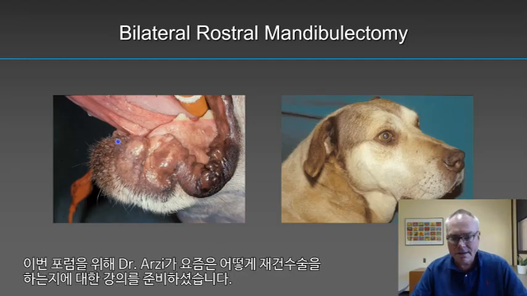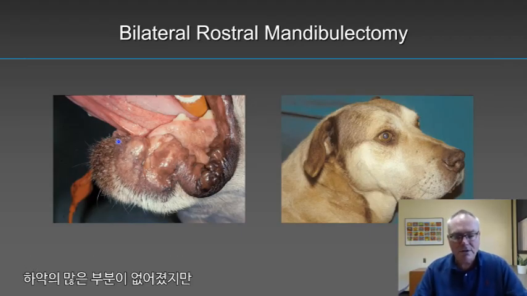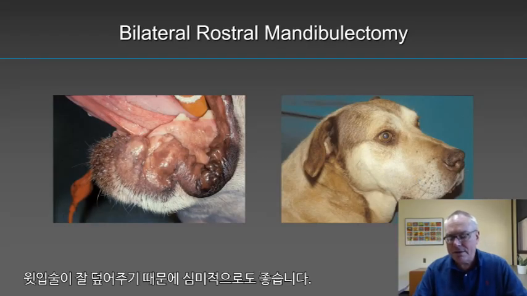Dr. Arzi will talk about how we reconstruct a bilateral rostral mandibulectomy these days. And even though such a large piece of mandible has been removed, the cosmetic result is really good because the upper lips sort of mask the defect.